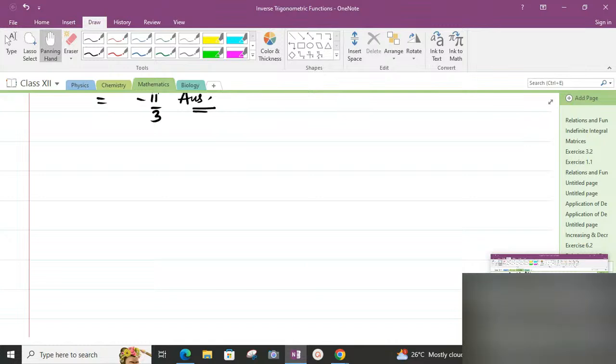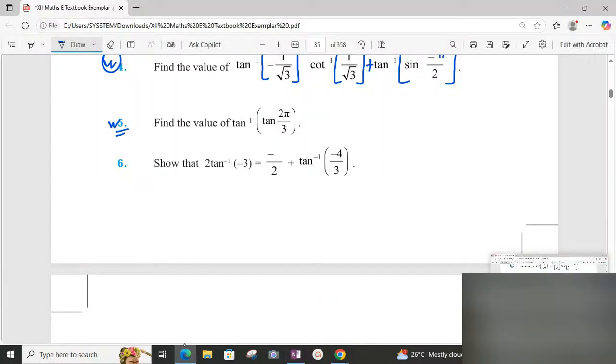A student who is with me in the live class asked me a question from this chapter. The name of the textbook is NCERT Exemplar. So ask me if you have any question from this chapter. I am ready to solve your asked question. If anybody asks, otherwise I take one question according to me.